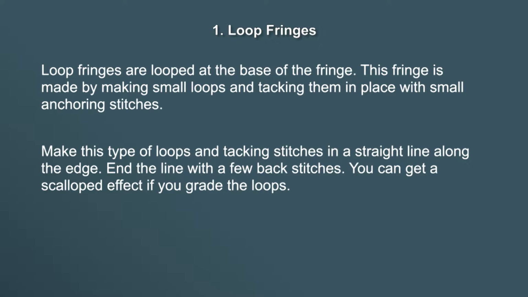This fringe is made by making small loops and tacking them in place with small anchoring stitches. Make these loops and anchoring stitches in a straight line along the edge. End the line with a few back stitches. You get a scalloped effect if you grade the loops.